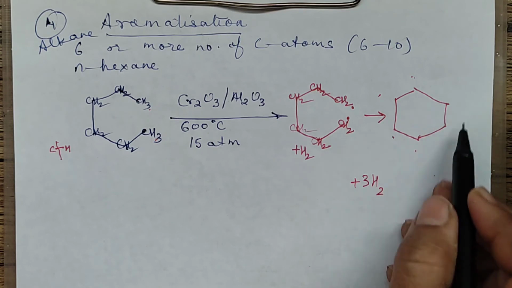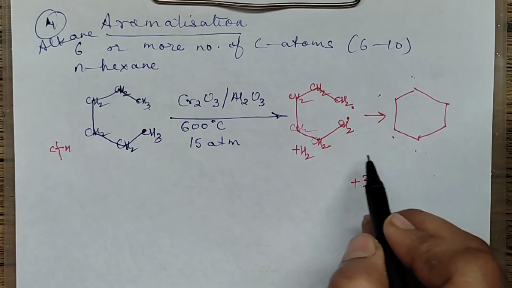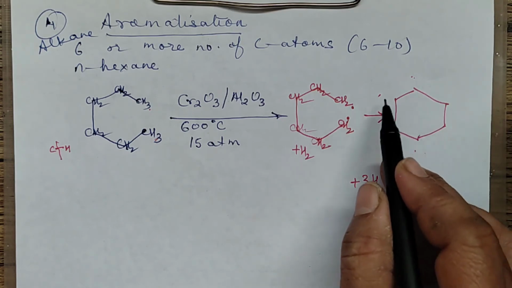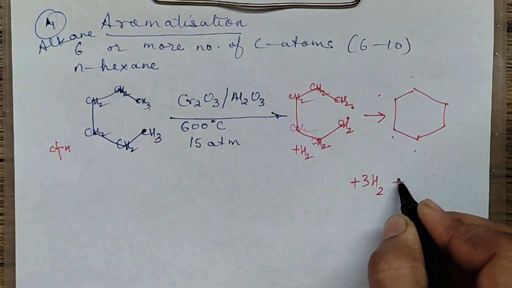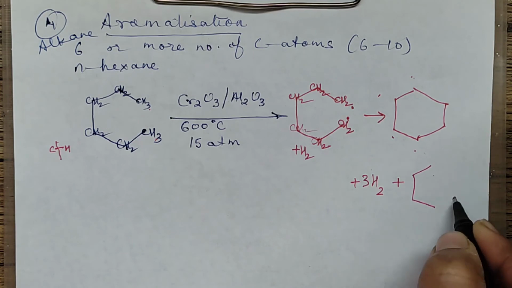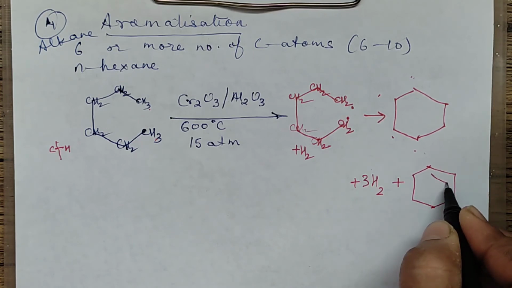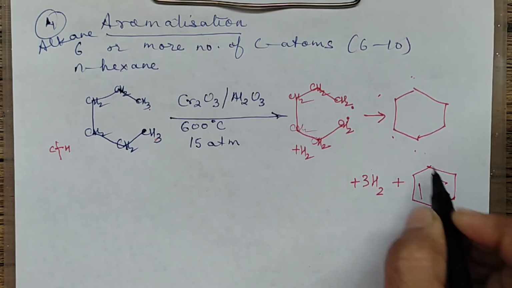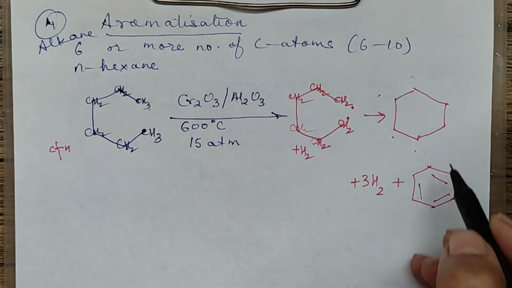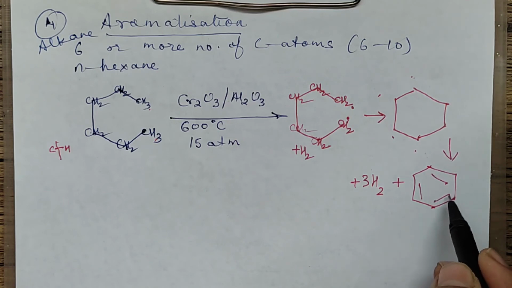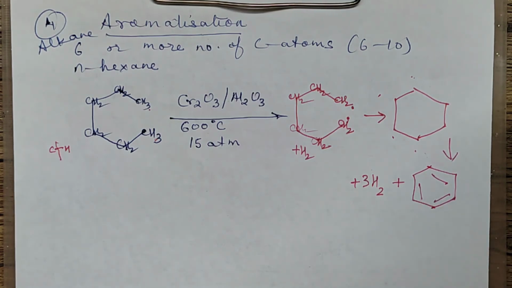And when they are removed, from each carbon atom one hydrogen is removed. So those free radicals will now combine and they will aromatize. That means it will result in the formation of benzene. I just wrote it this way, means the free radical can even combine this way. So you can write the double bond here or alternate. Either way it is correct. That means it is undergoing aromatization and resulting in the formation of benzene.